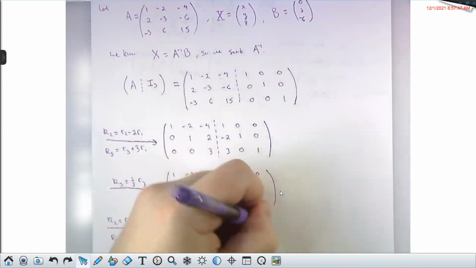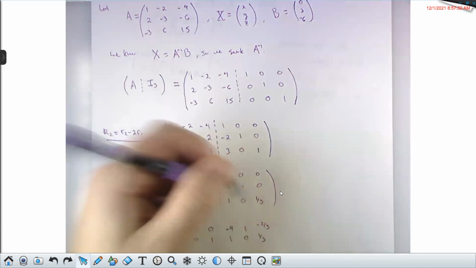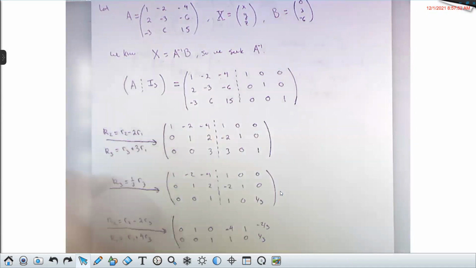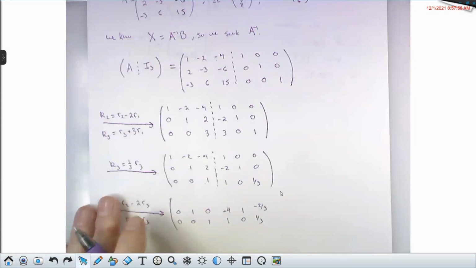So this is 0 plus -2/3, which is -2/3. That is the row 2 operation, the first operation I've got.